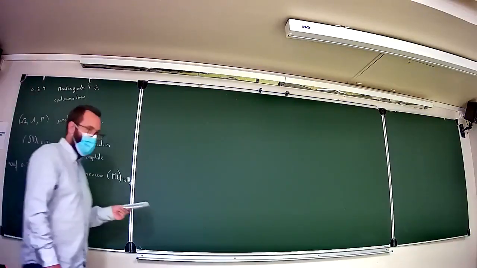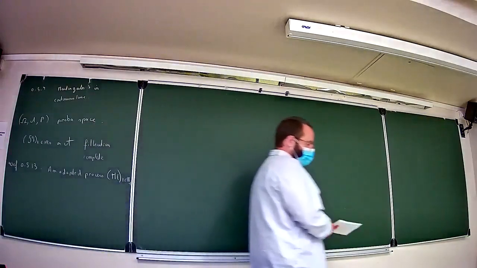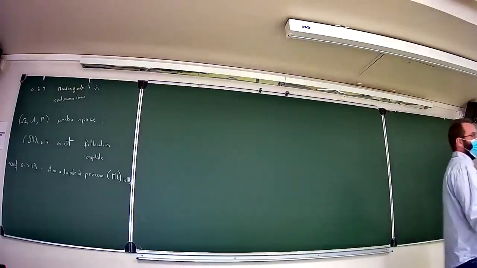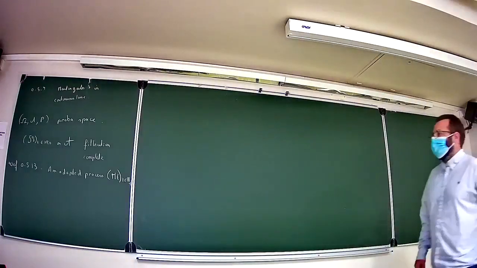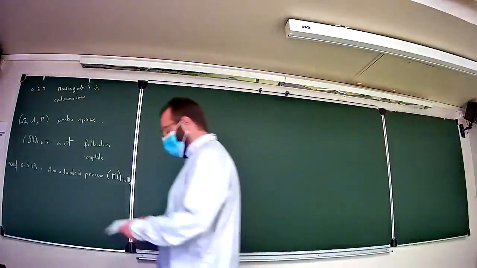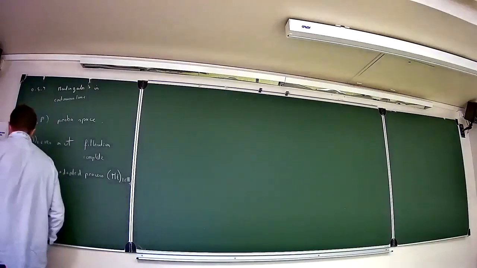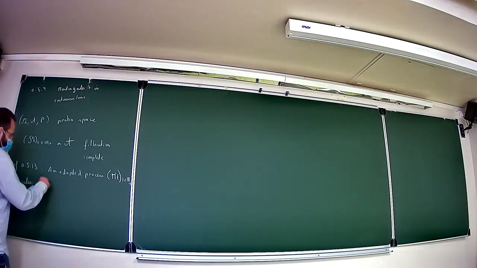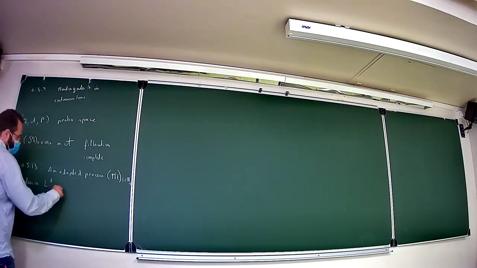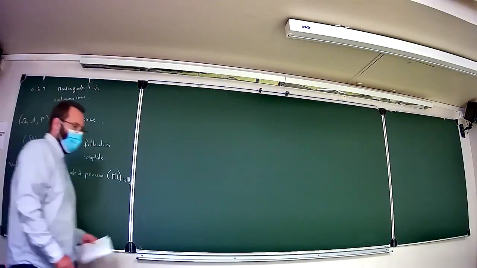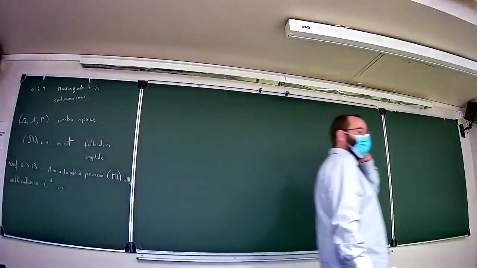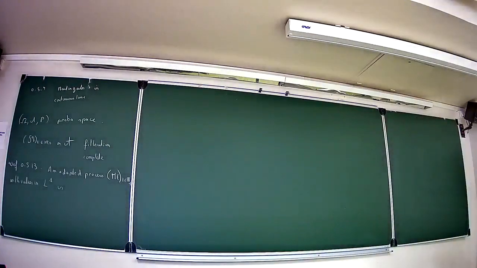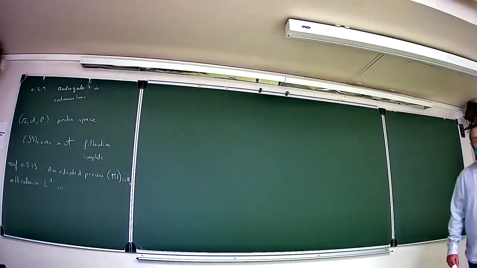I have a natural filtration at the beginning of the section. I want it to be adapted to Ft. So an adapted process Mt, t belonging to R plus, with values in L1. So we are going to see 3 things: martingales, sub-martingale, and super-martingale.